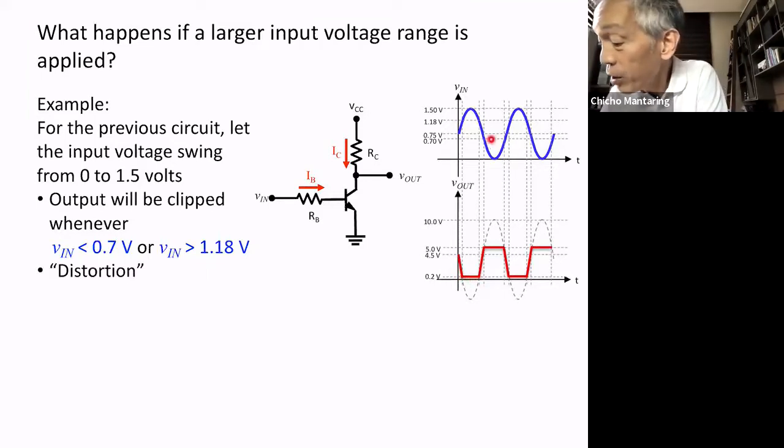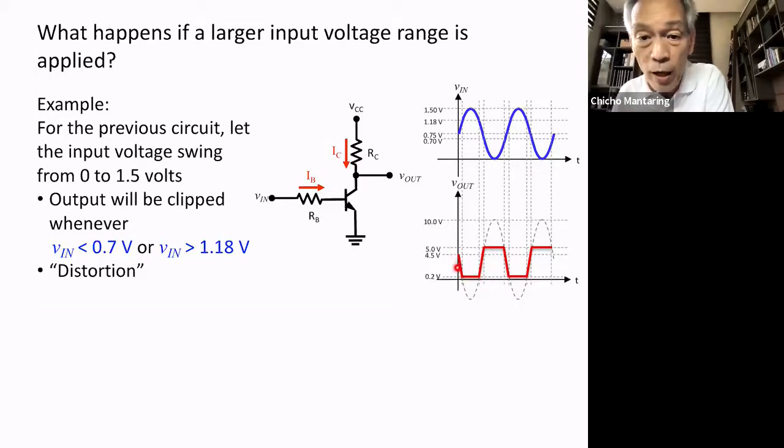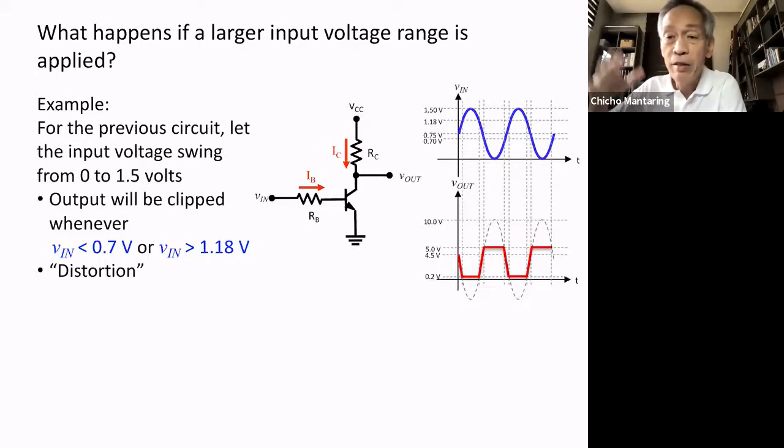And whenever the input goes below 0.7, your output will already clip to 5, because here it is cut off. So this area is cut off, and this entire area is saturated. While we would want our output to look this way, this is what we want our output to look like. Unfortunately, it does not look that way because our input range was too large. And this is what you call distortion.